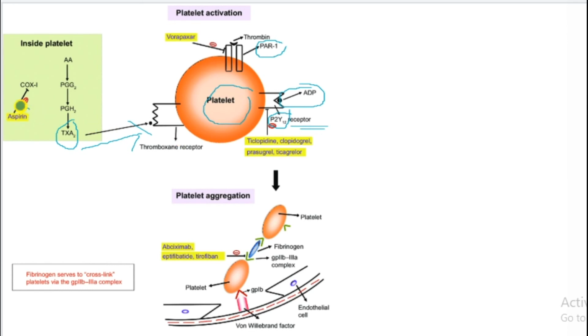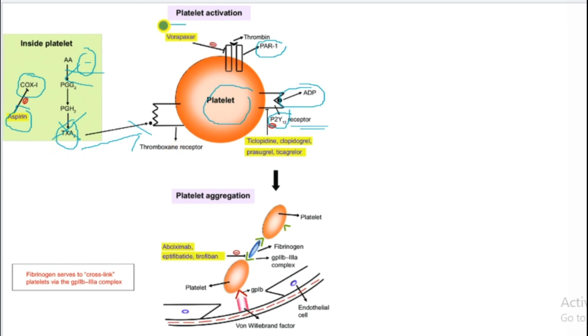So aspirin is an NSAID which can block cyclooxygenase 1, so this reaction will not occur, and thromboxane will not be produced.